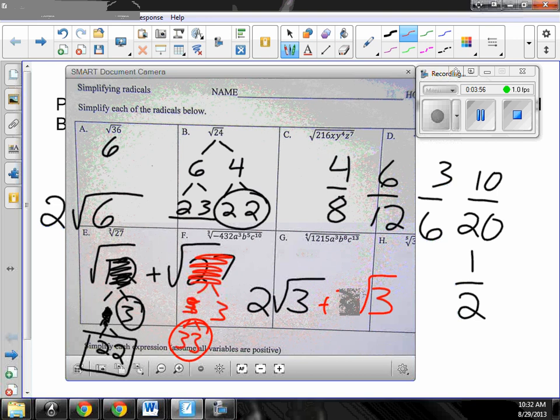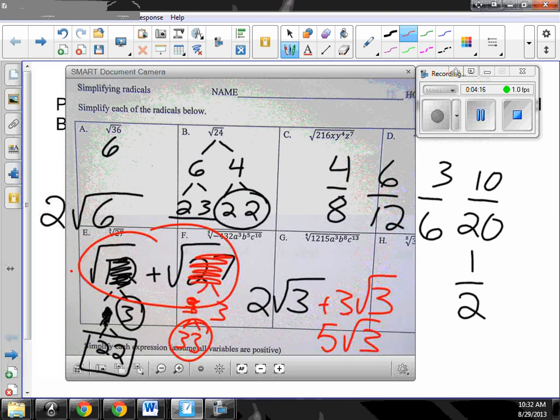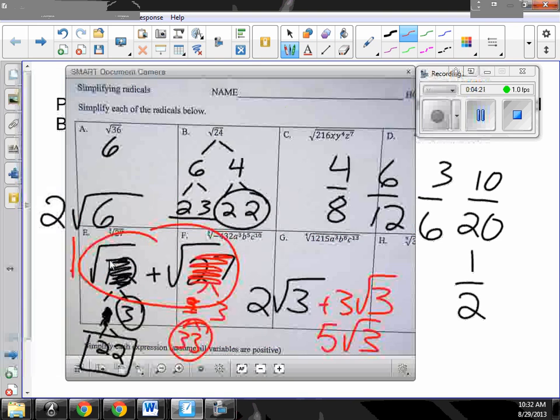Well, if I have 2 of something and I add 3 of the same something, I now have 5 of them. If I have 2 apples plus 3 apples, I will have 5 apples. And before, if you look up here, I had one pear, one watermelon plus 1 cantaloupe.